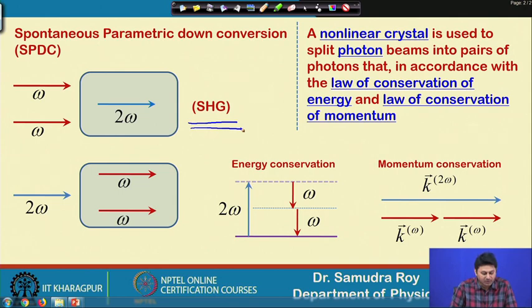So, this is the opposite or reverse process, where we launch 2 omega and expect to generate a frequency which is half of that, that means omega. However, the momentum and energy conservation is still valid as shown in this figure. So, this is the old slide I am using as a recap.